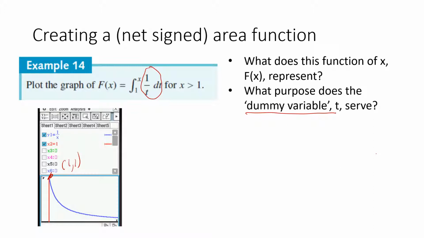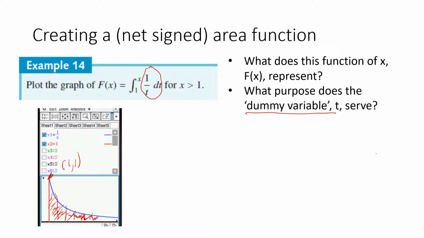Okay, as x is growing greater than 1, it's sweeping through a bigger and bigger area. So this is an increasing function for values of x bigger than 1. The larger x is, the greater the value of the function is, but you see it's going to grow at a smaller and smaller rate.